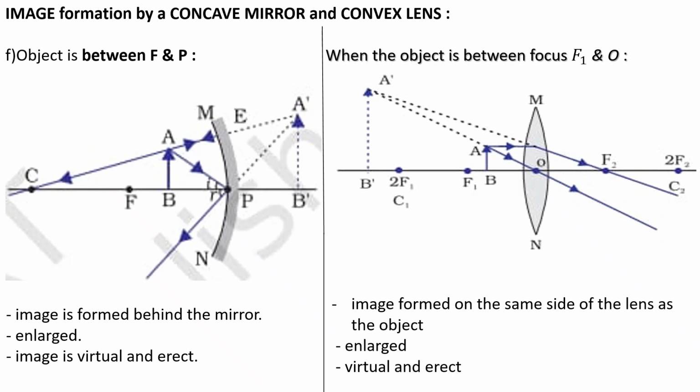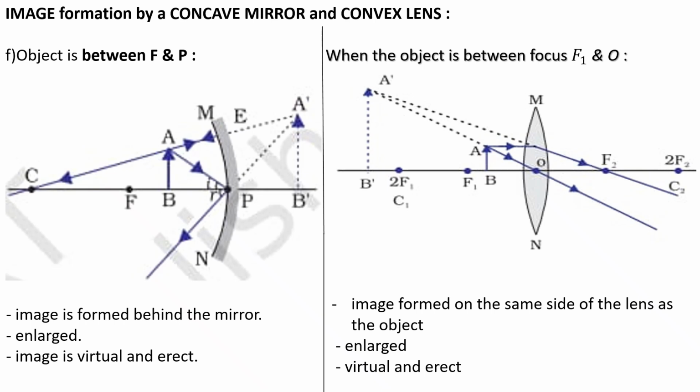Please remember, when the object is at infinity and beyond C, the image formed is a diminished image. At C, the image formed is of the same size, and between C and P, the images formed are enlarged.